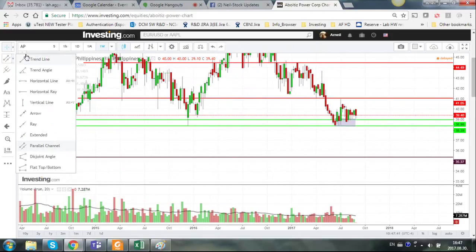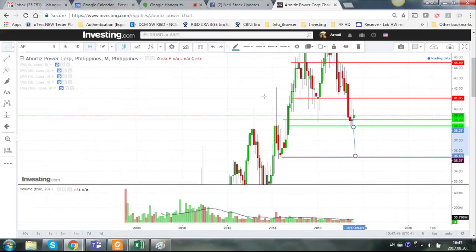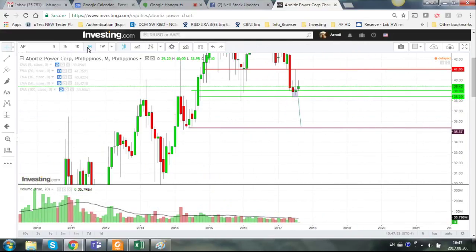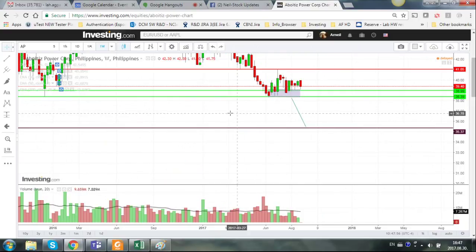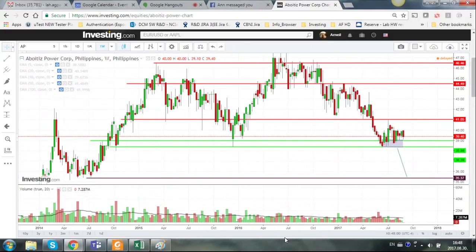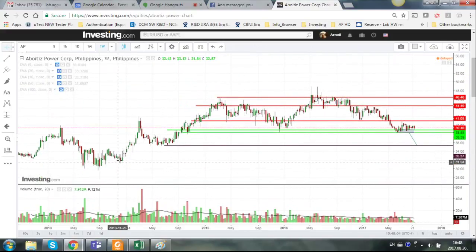Okay lang sa'yo na yung price bumaba basta hanggang dyan lang siya. Bakit natin ginagawa to? Para maiwasan pa yung price bumaba pa ng ganyan na medyo parang malayo na, di ba?